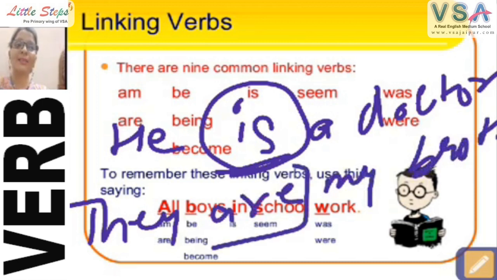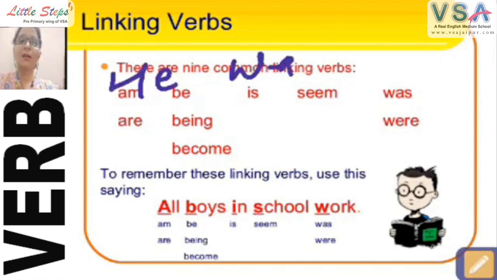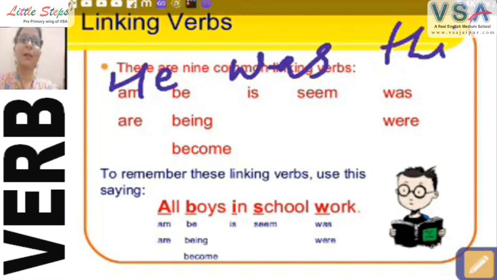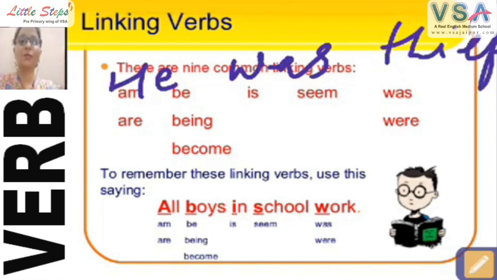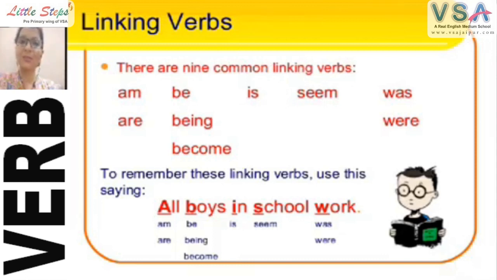So are is also a linking verb. Was और were को लेके हम लोग example लेते हैं. जैसे हम लोग लिखते हैं he was a thief, right? He was a thief. So was, what is was? This is a linking verb. It is linking its subject with the predicate part, right?